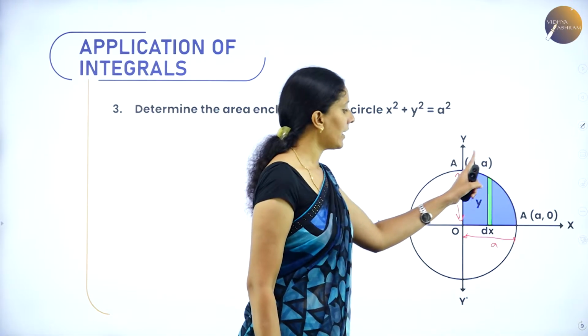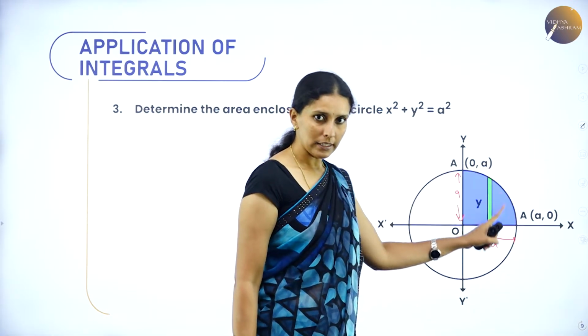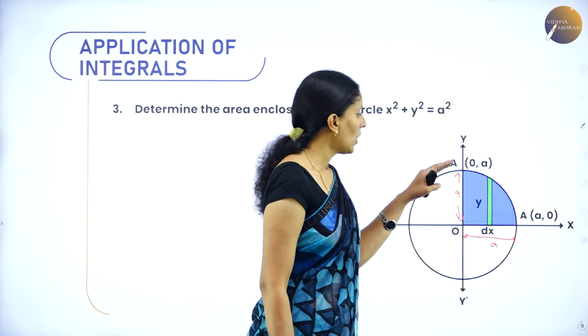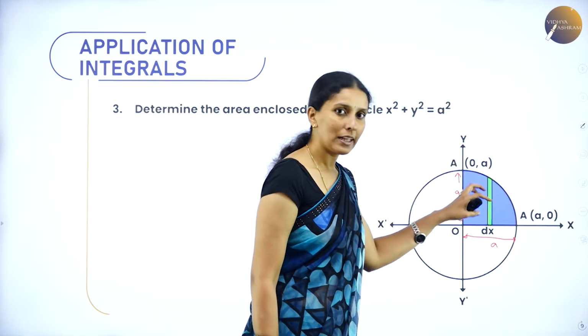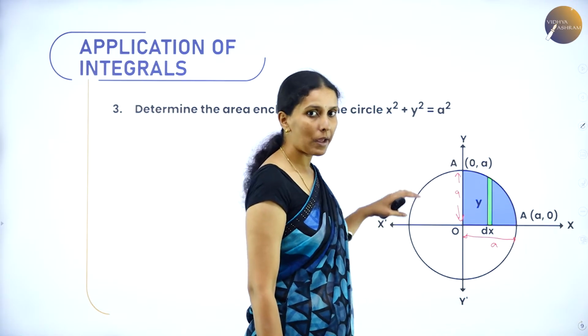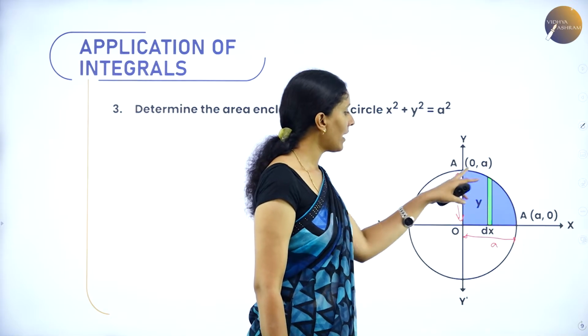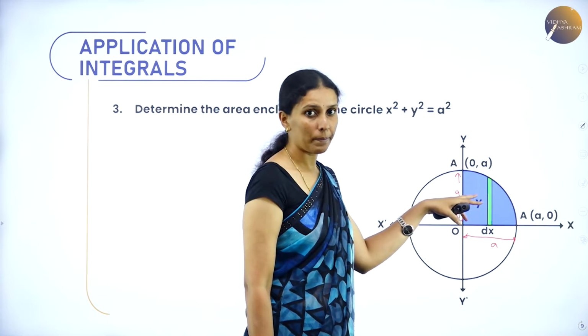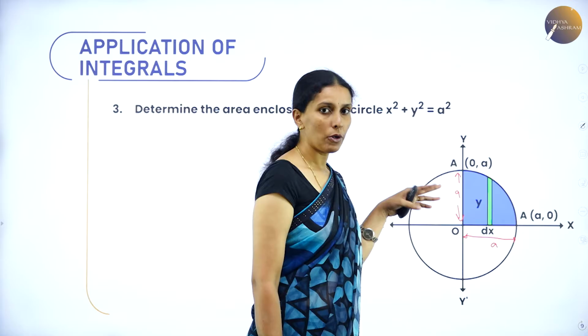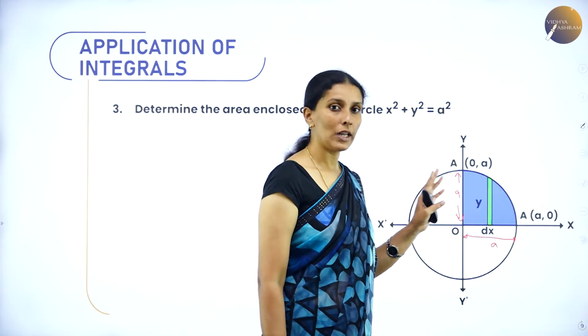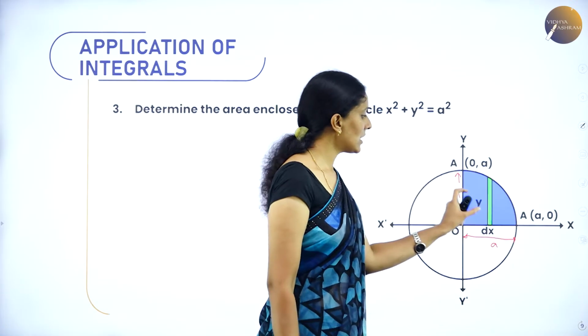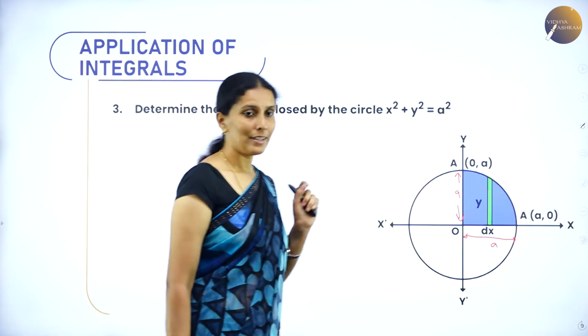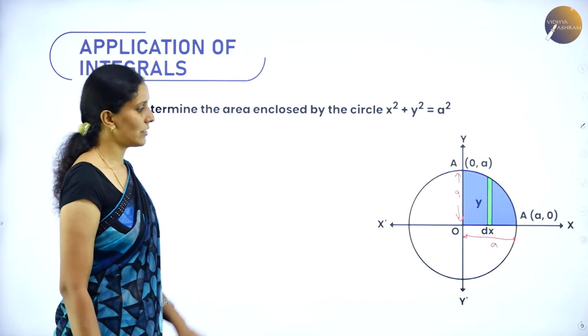Now we need to find the total area bounded by the region here. I will only first calculate the area in the first quadrant, then I will multiply by 4 times, because we are calculating only 1/4 of the part of the circle. That is why when you multiply by 4, it will become the total area of the circle. So here we are just calculating the area of the circle in the first quadrant.